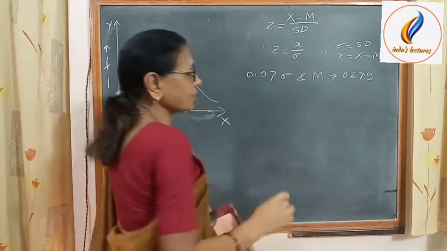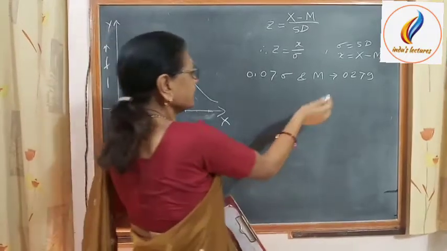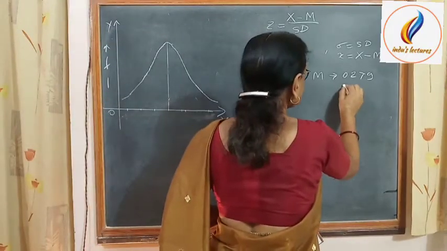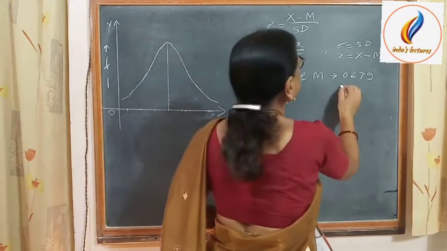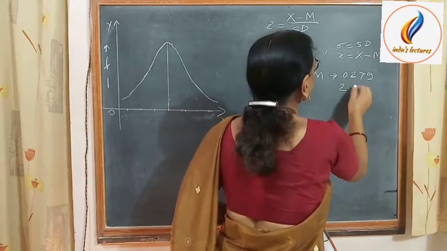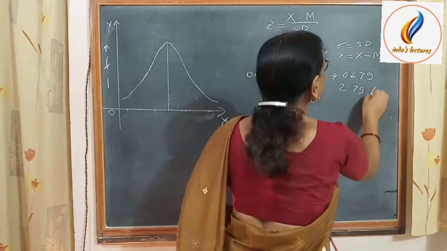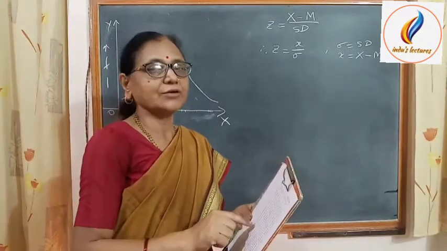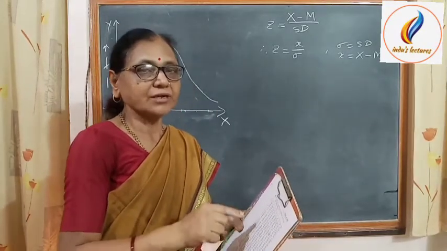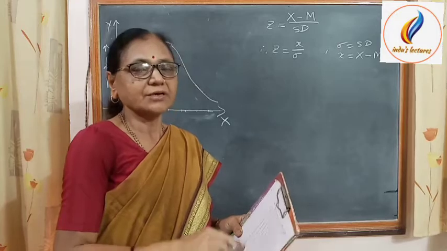These are the cases out of 10,000, and in terms of percentage we can say that between 0.07 sigma and mean there are 2.79% cases.